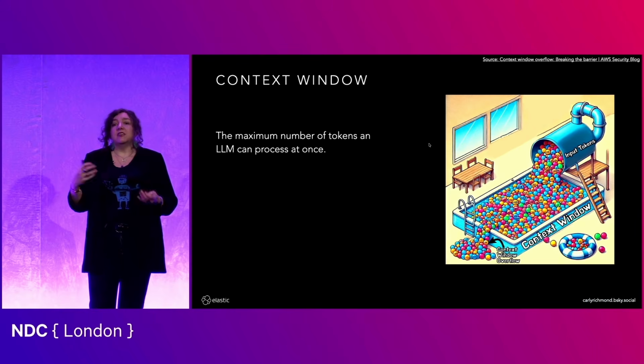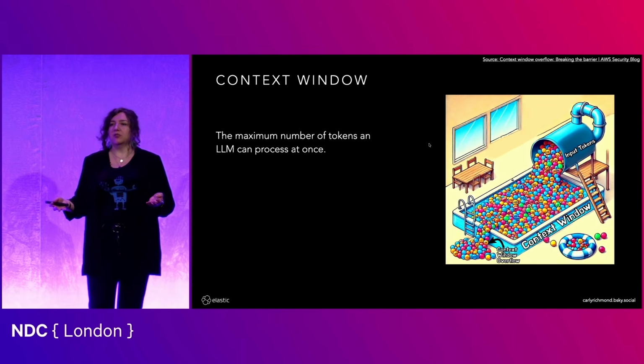Now, obviously, we've seen with the enhancements in various models that context windows are increasing, and the number of parameters is increasing. So one of the questions I commonly get is, with these ever-increasing context windows, why do I care about overflow?